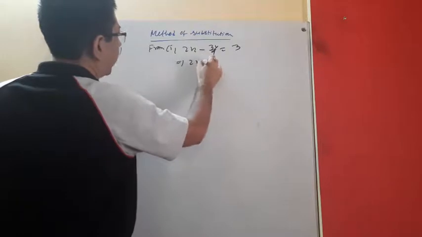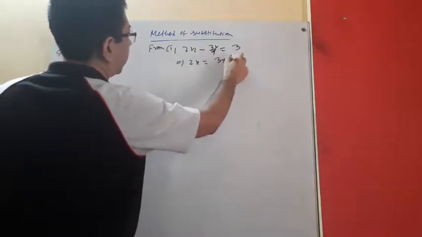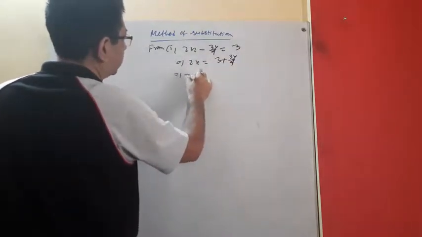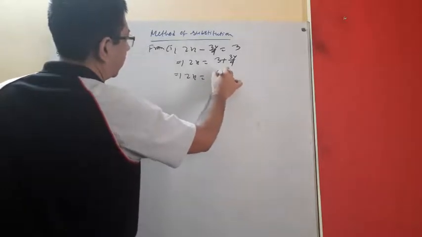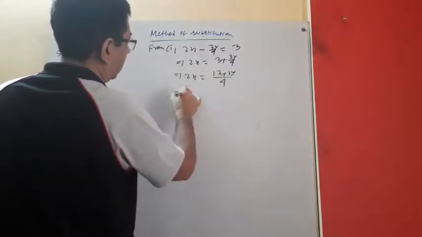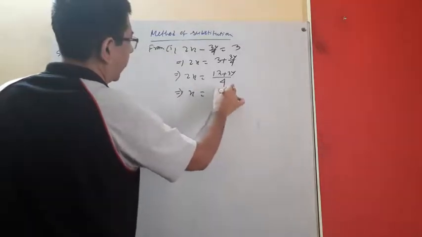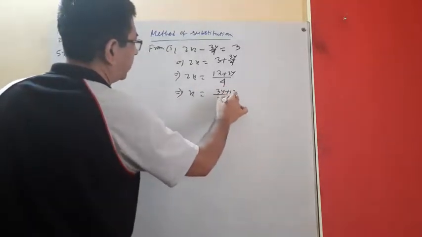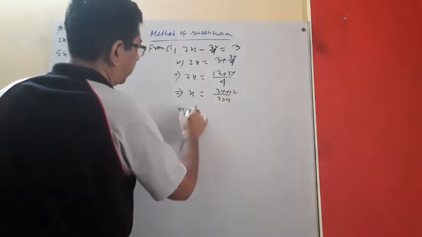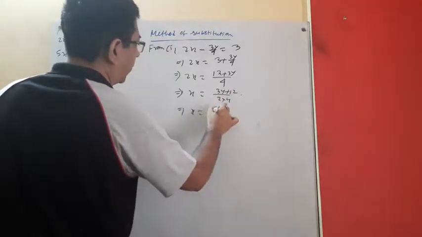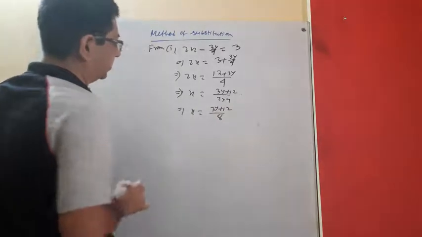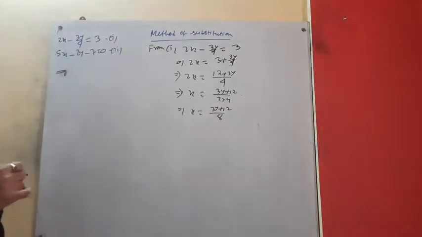So we get 2x equal to 3 plus 3y by 4. That means 2x equal to (LCM 4) 12 plus 3y by 4, or x equal to (3y plus 12) by 2 into 4. That means x equal to (3y plus 12) by 8.